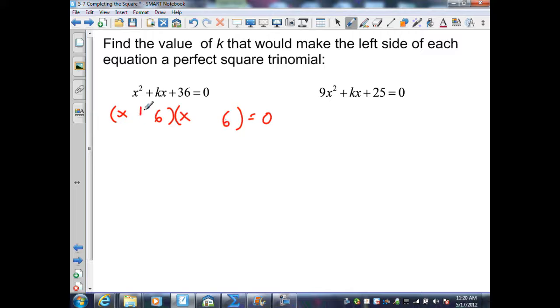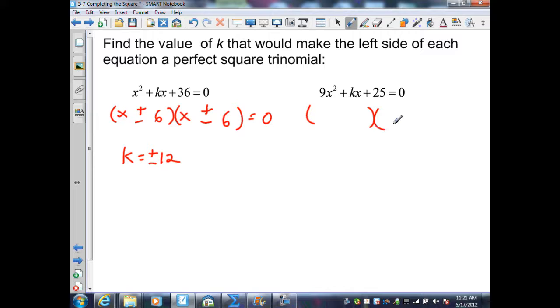And I know this is either going to be a plus sign and a plus sign, or a minus sign and a minus sign. If it's plus and plus, that would make this a positive 6x, and a positive 6x would make that a positive 12x. So k could be a positive 12. Or if they were both negative, it would be a minus 6x and a minus 6x. It would be a negative 12. So there would be a plus or minus 12.